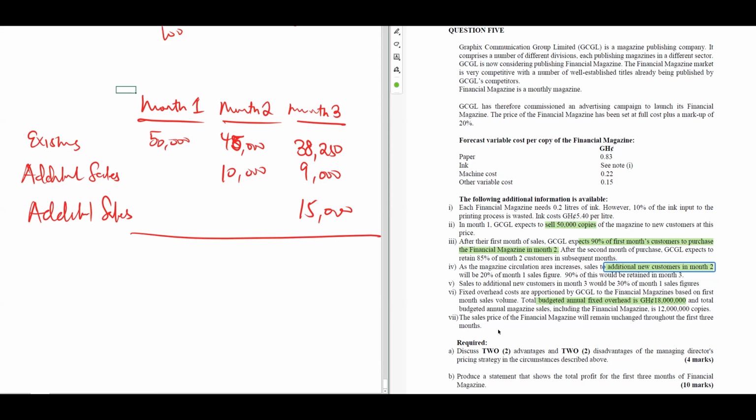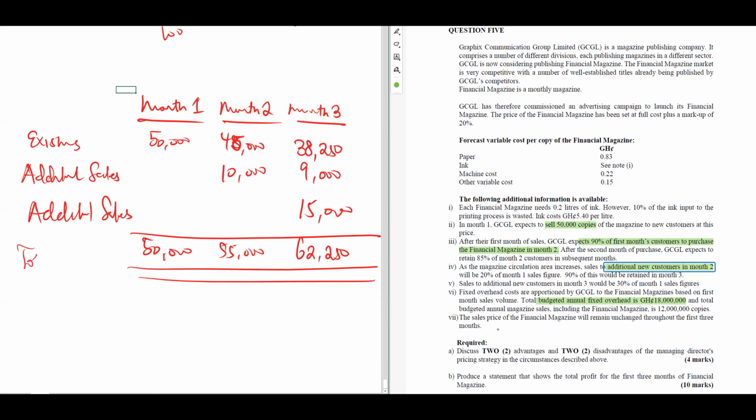So if we add everything up, this month was still 50,000, this month was now 55,000, and then this one we have 38,250 plus 9,000 plus 15,000, that's about 62,250 copies overall. So these are the total copies expected to be sold.